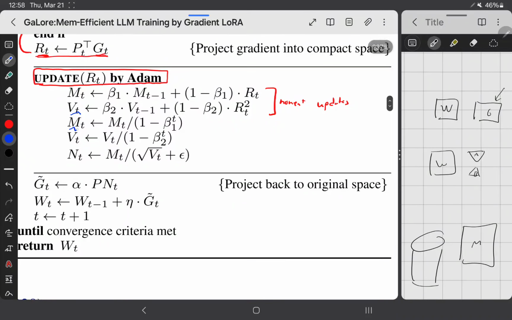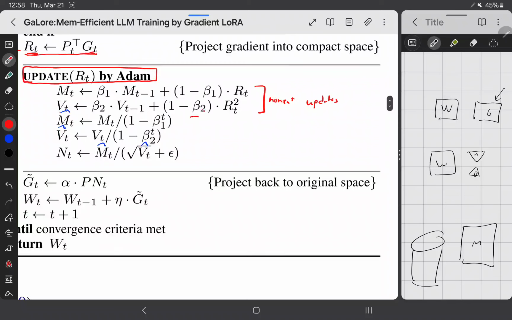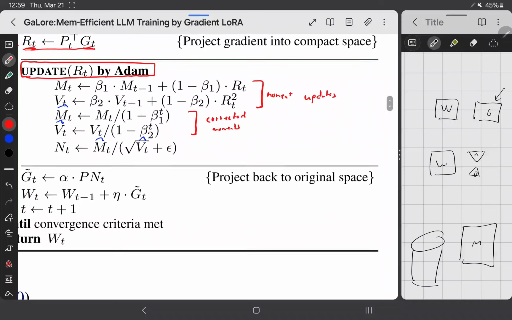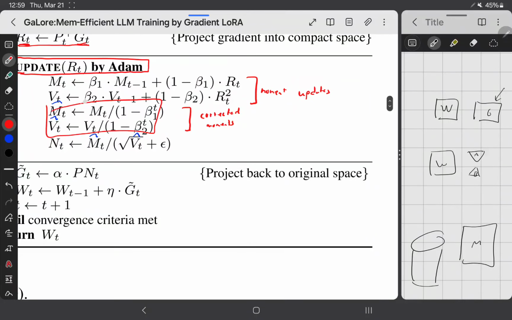I think this is supposed to be M hat and V hat, same with here, because these are your corrected moments. The normal M and normal V should just store the moment updates. I could be wrong, but I think that they messed that part up. Anyways, you update the moments with the projected gradient.